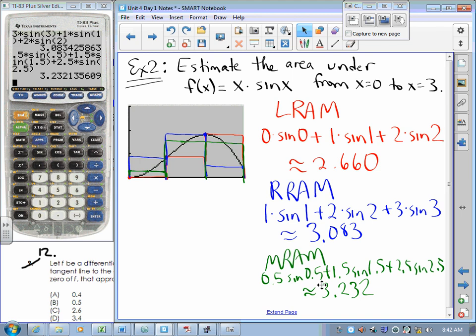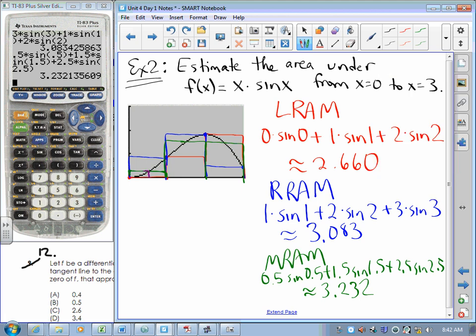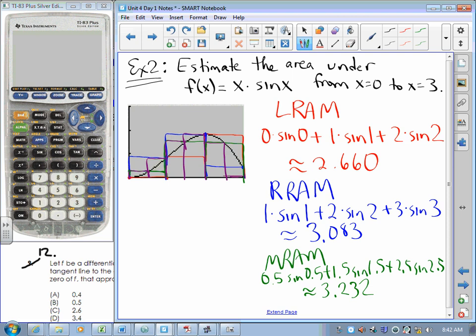So maybe I do 6 rectangles instead of 3. And maybe I do the right endpoint on those 6 rectangles. And I add up all 6 of those rectangles.